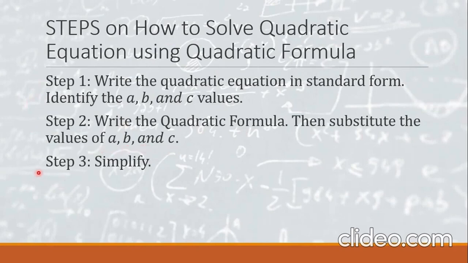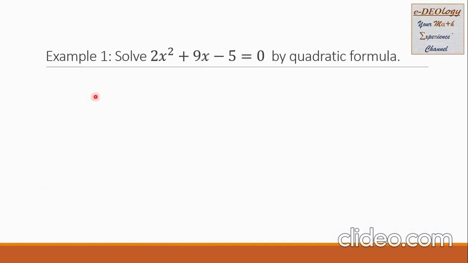Step 3. Simplify. Let us have some examples. This is example 1. Solve 2x squared plus 9x minus 5 equals 0 by quadratic formula. In solving, it means we want to get the values of the x.